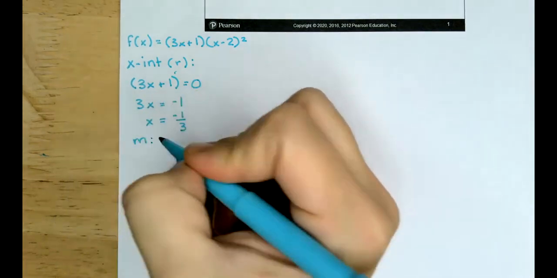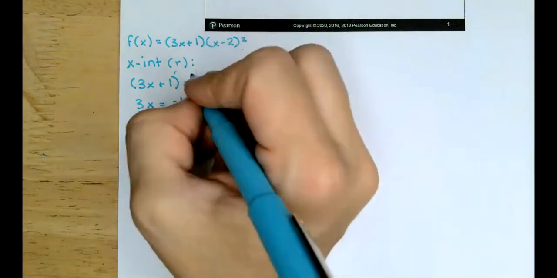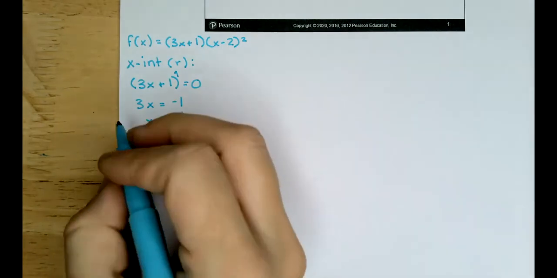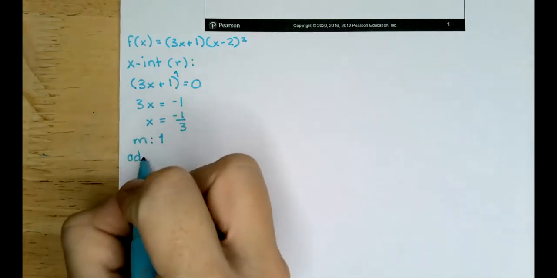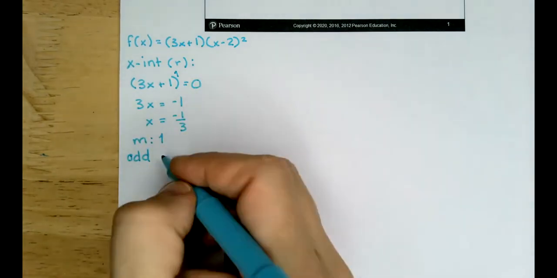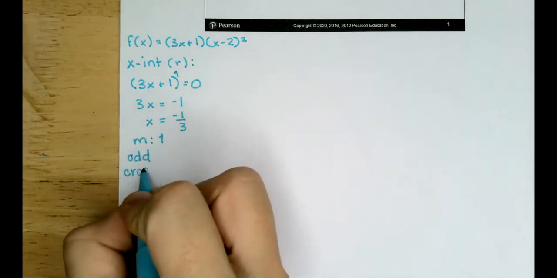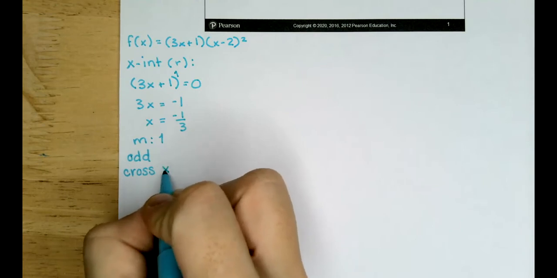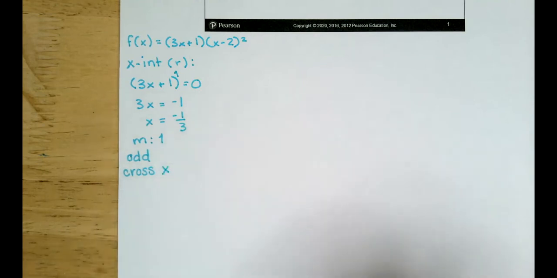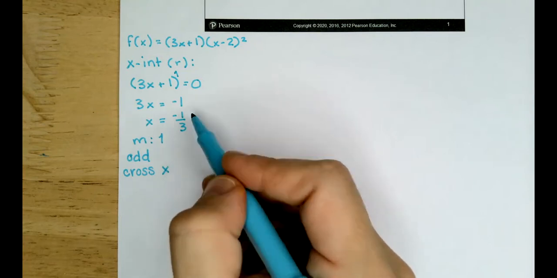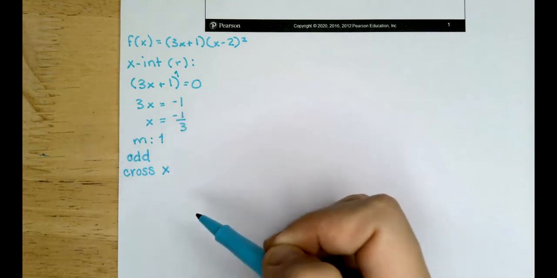I'm just going to call that m. It has a multiplicity of 1 because it's an understood 1. 1 is an odd number, and so remember, every odd multiplicity crosses the x-axis. Okay, so we have an x-intercept where the graph crosses x at -1/3.